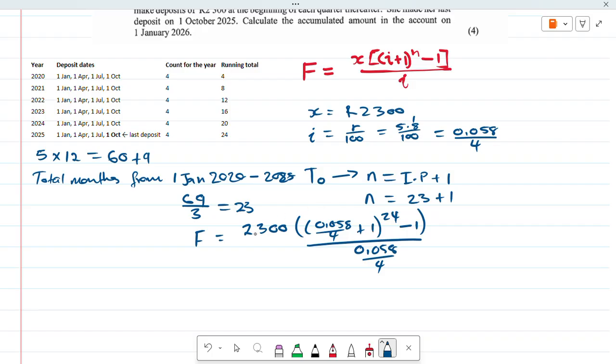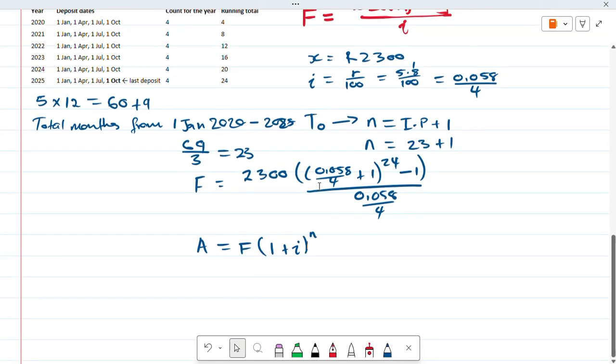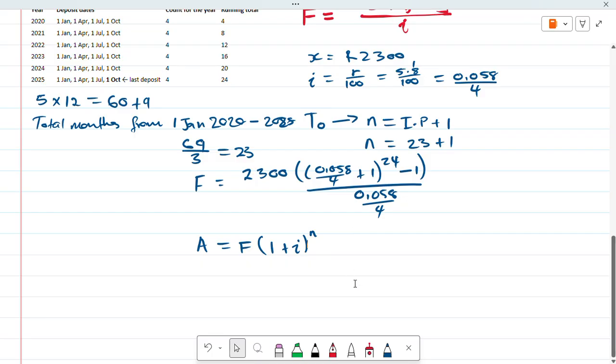You take the value that you get from your future value formula and put it into the compound growth formula, F times (1 plus i) all to the power n. We know that your P is the F that you get here.